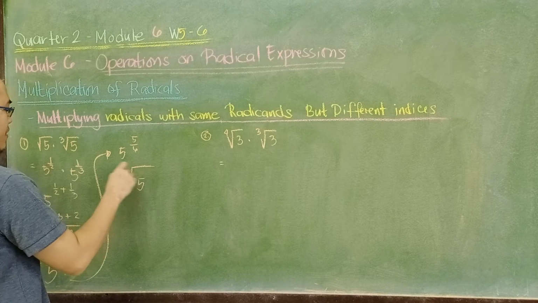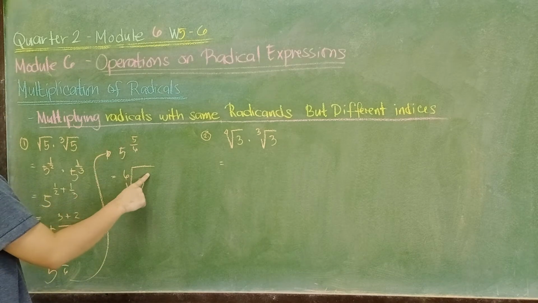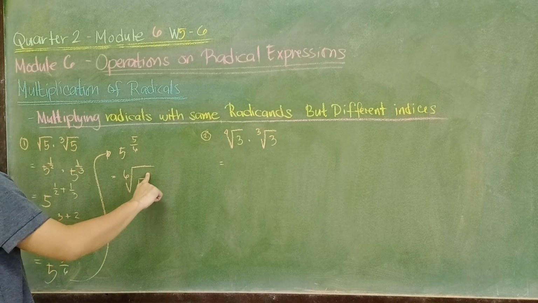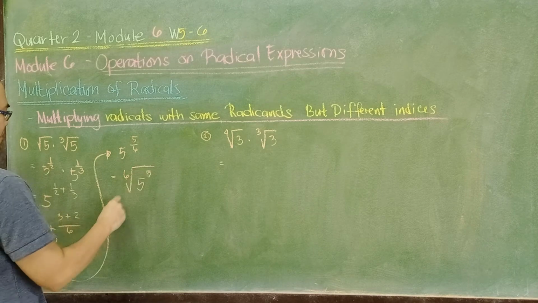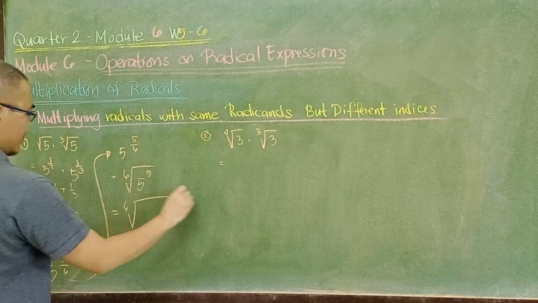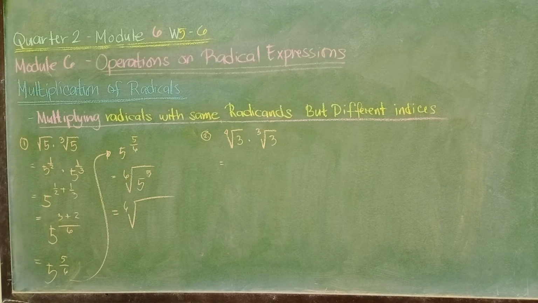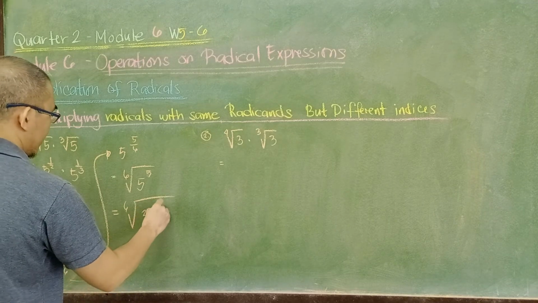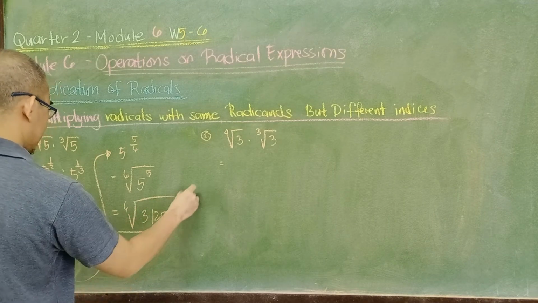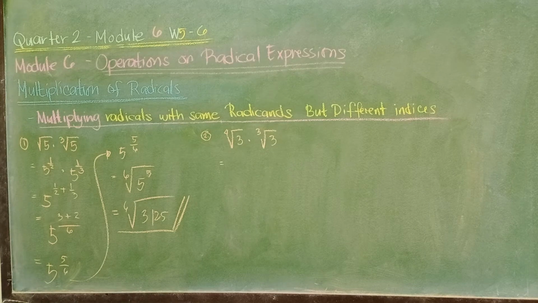So 6th root of 5, and then yung numerator siya yung magiging exponent ng radical, dito sa loob, 5. Now you just have to simplify yung 5 raised to 5, which is 3,125.